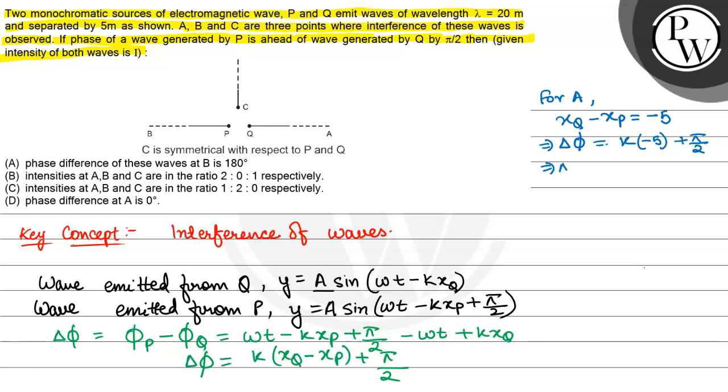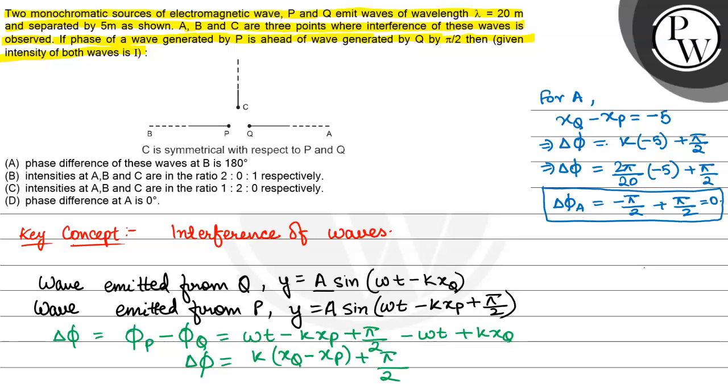Now, what is k? k is equal to 2 pi by lambda. Lambda is 20 meter, so 2 pi by 20 into minus 5 plus pi by 2, that is minus pi by 2 plus pi by 2. This is delta phi at A, which is equal to 0.